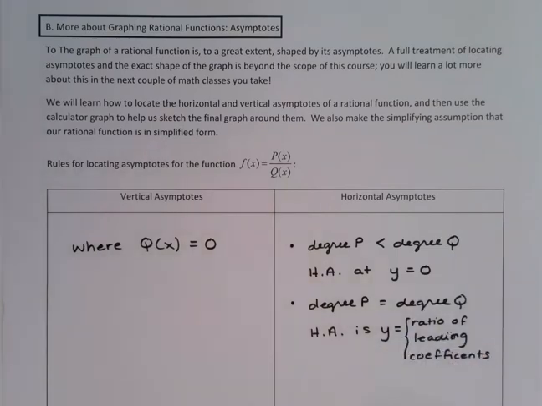We'll talk more about that when we see an example. But remember, the leading coefficients are just the coefficients of the highest powered term, top and bottom. Finally, if the degree of p is greater than the degree of q, there is no horizontal asymptote.